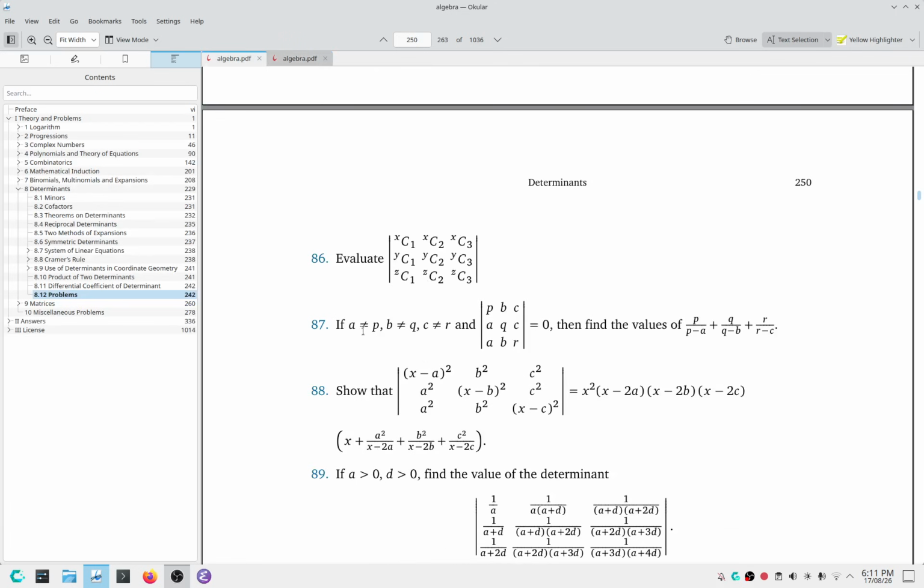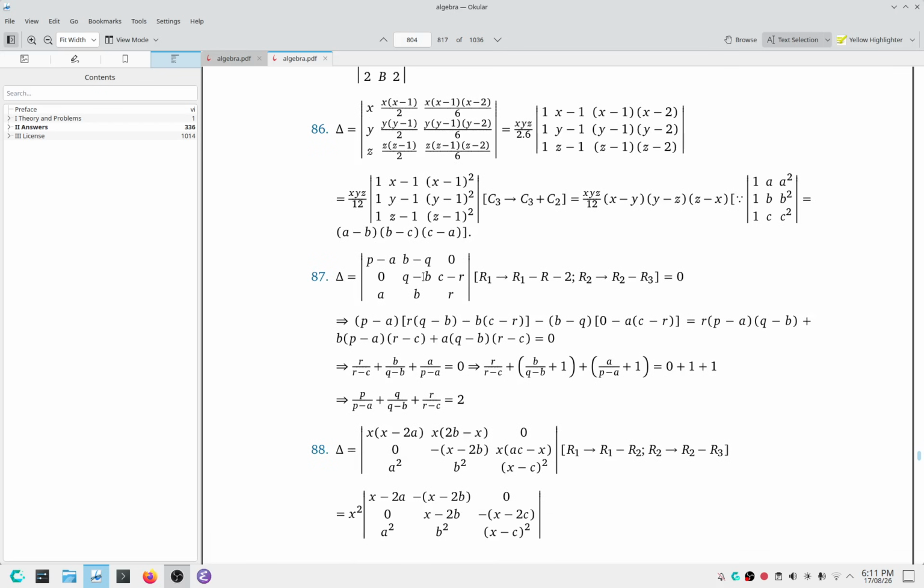Question 87 says: if A is not equal to P, B is not equal to Q, C is not equal to R, and the determinant with rows P, B, C; A, Q, C; A, B, R is equal to 0, then find the value of P upon P minus A plus Q over Q minus B plus R over R minus C. So we have this determinant, and we form R1 equals R1 minus R2, and R2 equals R2 minus R3.